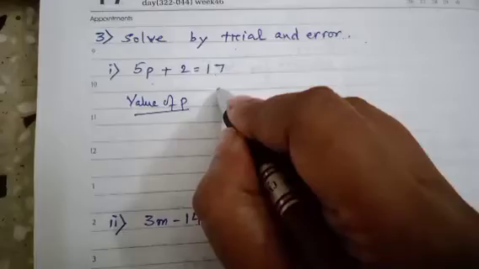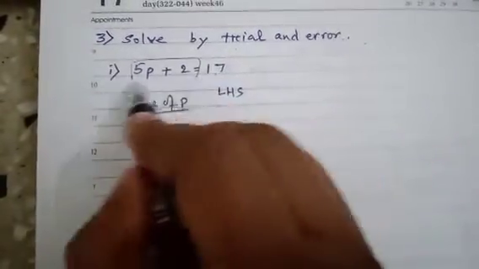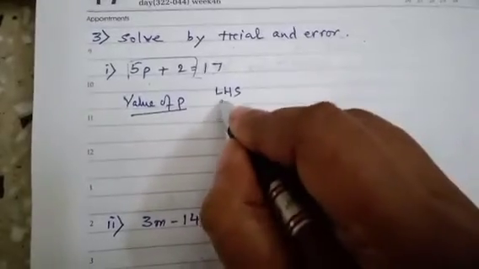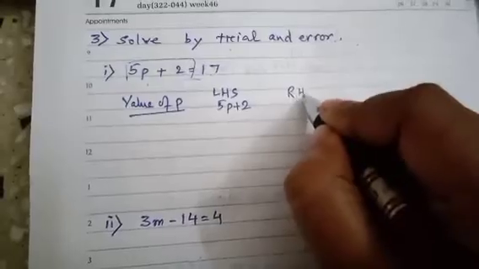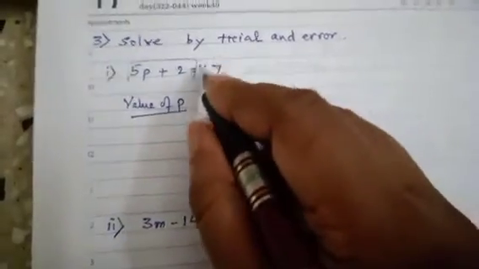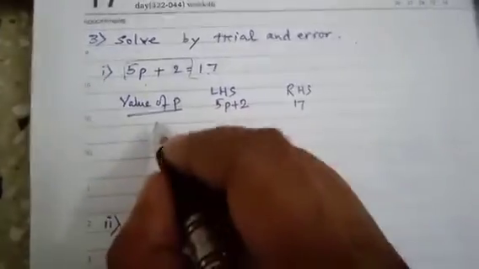Other is the LHS. This portion is known as LHS, which is 5P plus 2. Other is RHS. RHS is the one after the equal to sign, the right hand side. So that is 17.